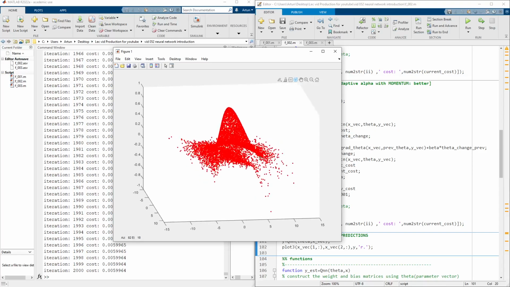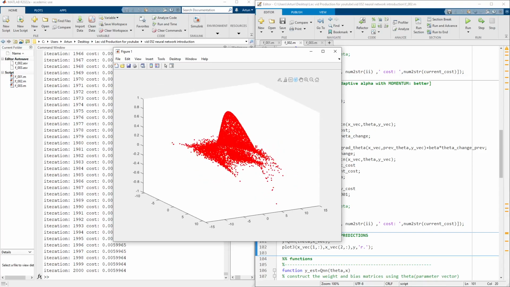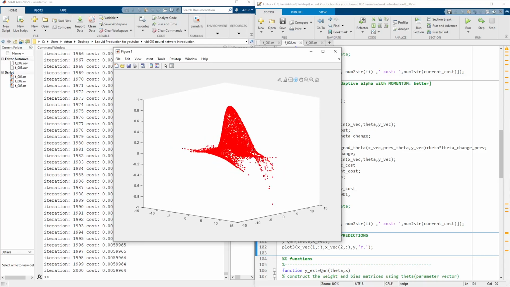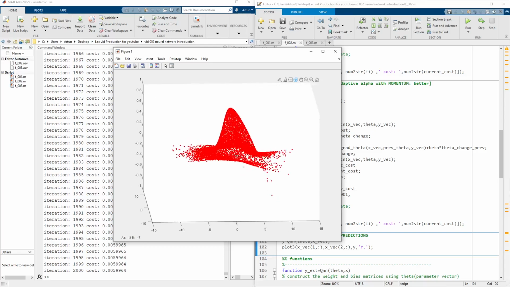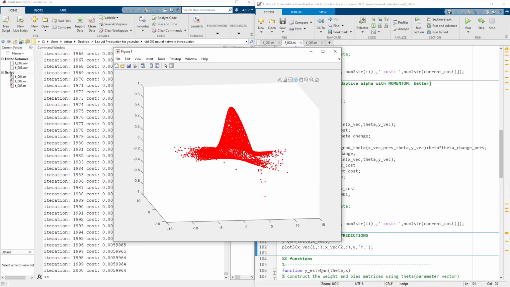But all in all, this was the video about gradient descent, and the model we analyzed, we used as an example to implement our gradient descent algorithm. And I feel like that was a good example to learn about gradient descent.